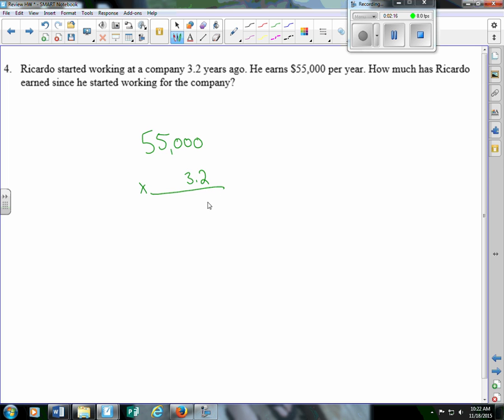So we multiply that by the 0.2, we get 0, 0, 0. 5 times 2 is 10, carry our 1. 5 times 2 is 10, plus 1 is 11. Place marker. Then we have 3 zeros. 3 times 5 is 15, carry our 1. 15 plus 1 is 16.